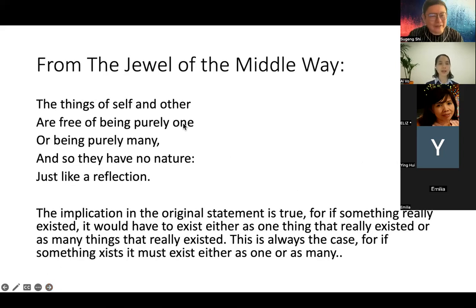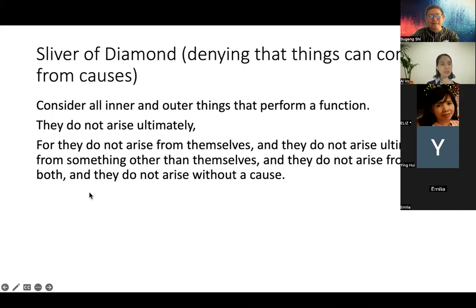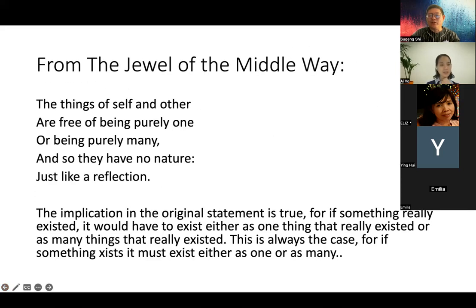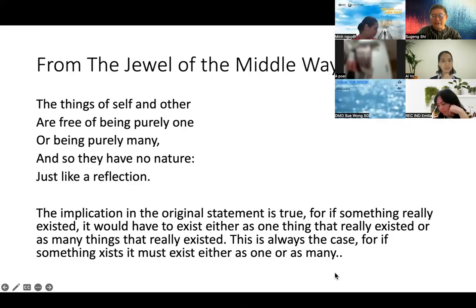And we are presented with a reference from the Jewel of the Middle Way: the things of self and other are free of being purely one or being purely many, and so they have no nature, just like a reflection. When we want to prove something, we have two choices, called lung and rig. Lung means we use the scripture.